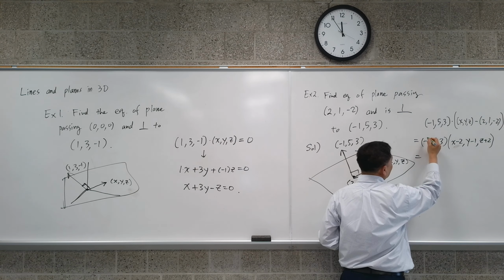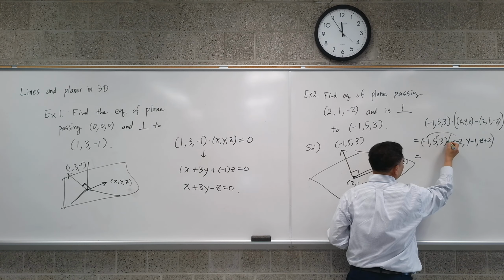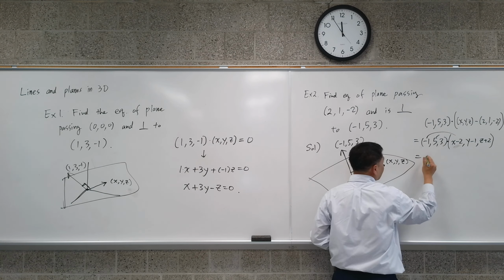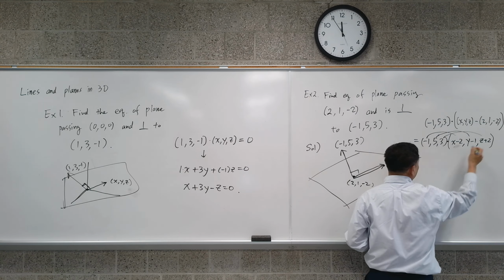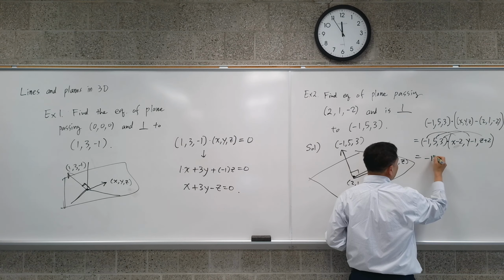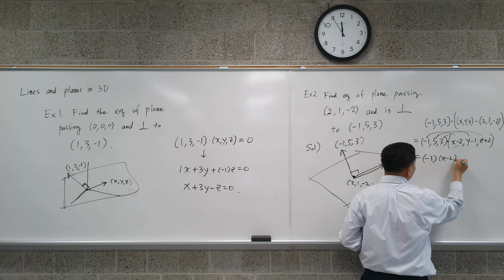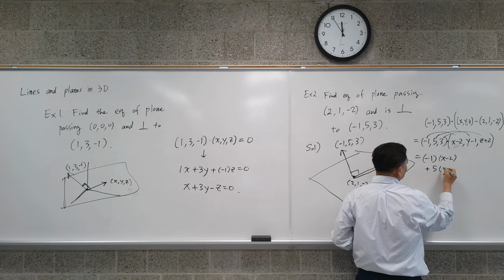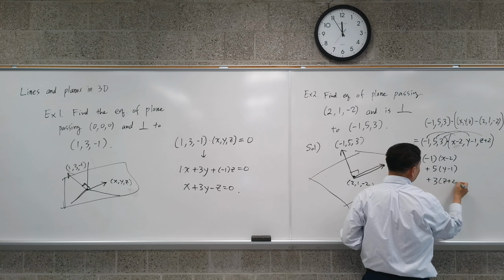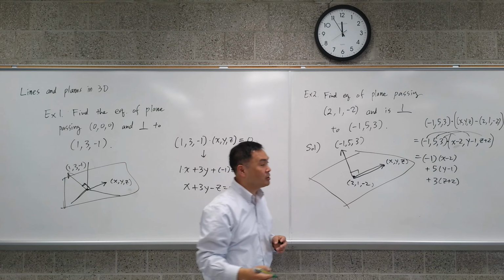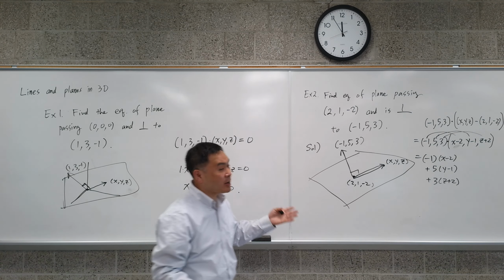If you do component-wise multiplication and add, that gives you negative 1 times x minus 2, plus 5 times y minus 1, plus 3 times z plus 2, and that has to equal 0.